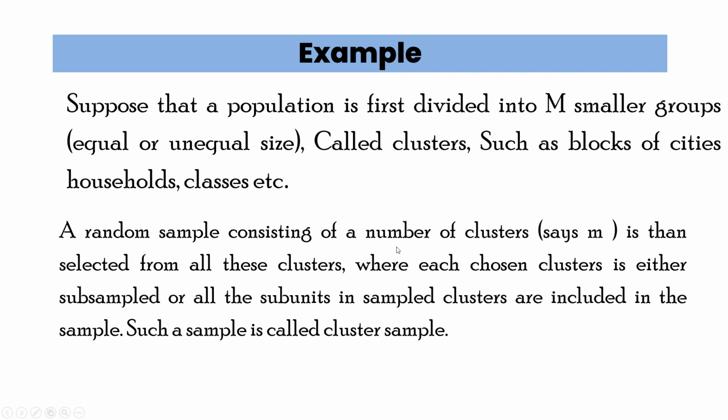A random sample consisting of a number of clusters, say small m, is then selected from these clusters, where each chosen cluster is either subsampled or all the subunits in the sampled clusters are included in the sample. Such a sample is called a cluster sample.